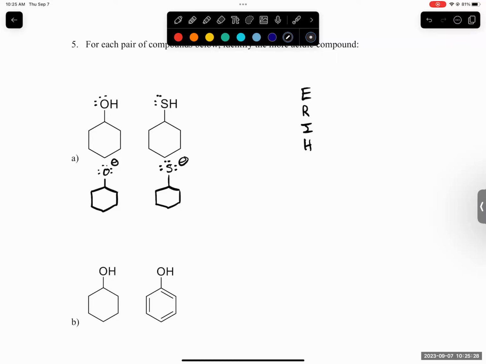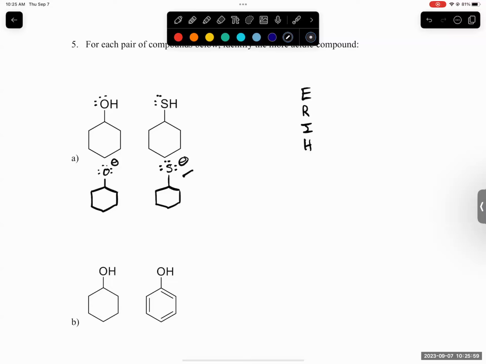So which of these is going to be larger? Sulfur, yeah. So sulfur is larger. If sulfur is larger, does that mean it can stabilize that negative charge better, or it's not as stable? It can stabilize it, right? It's taking those 2 electrons and spreading them out in a larger area, so they don't have to interact as much.